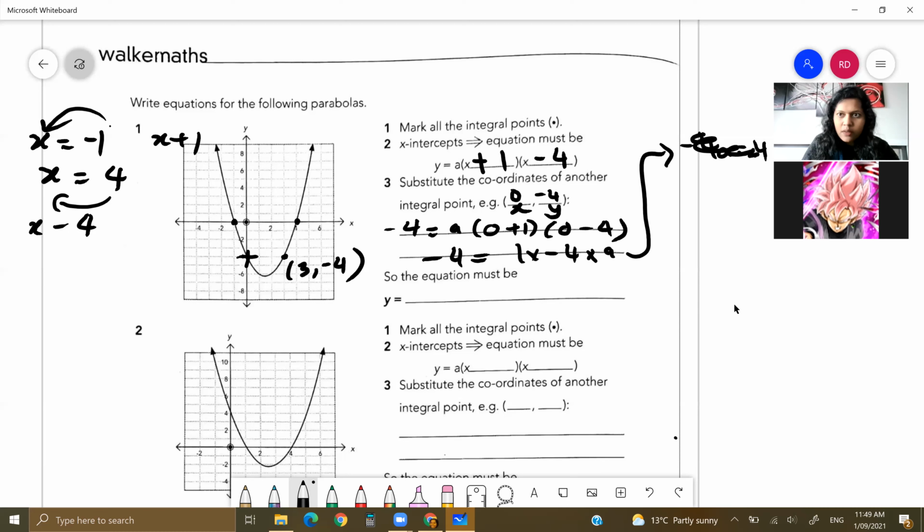Okay, oopsie. It's -4a, okay, because that's -4a equal to -4. I just missed out the negative. So a is equal to +1.